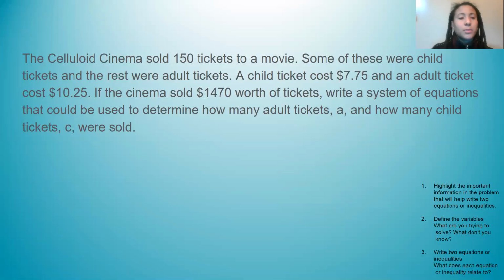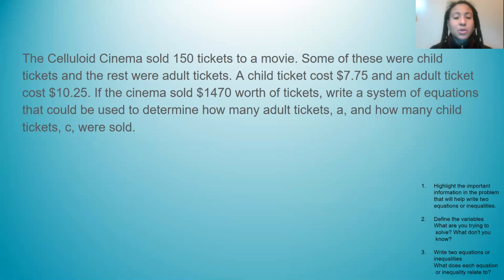All right, so here's our first question. It says the Celluloid Cinema sold 150 tickets to a movie. Some of these were child tickets and the rest were adult tickets. A child ticket costs $7.75 and an adult ticket costs $10.25.